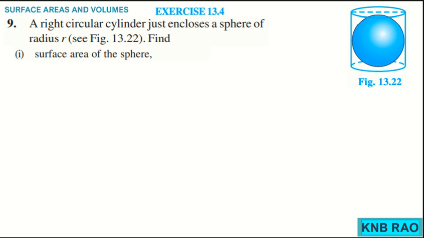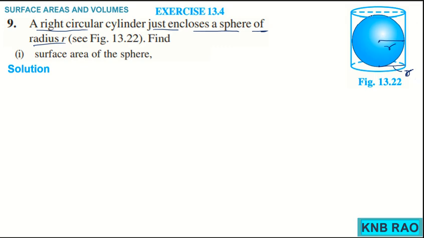Question number 9. Try to observe that in this question number 9 we have got 2 sub questions. First sub question: a right circular cylinder just encloses a sphere. A right circular cylinder encloses one sphere, means it contains one sphere of radius r. Here the radius of this sphere is r, and that means the radius of the base of the cylinder is also r.